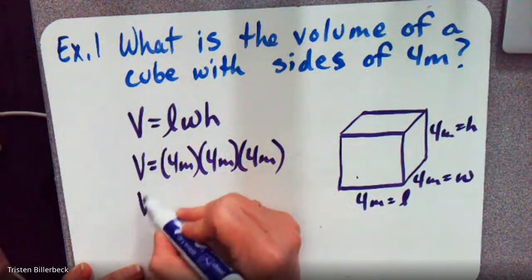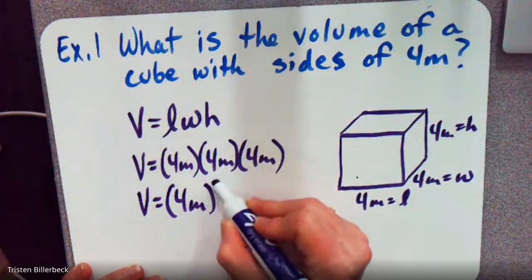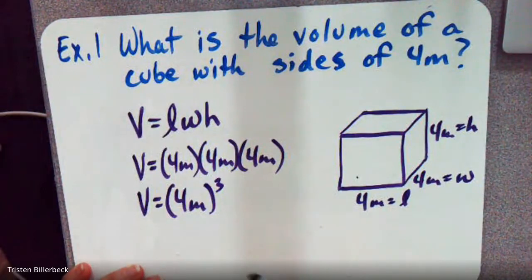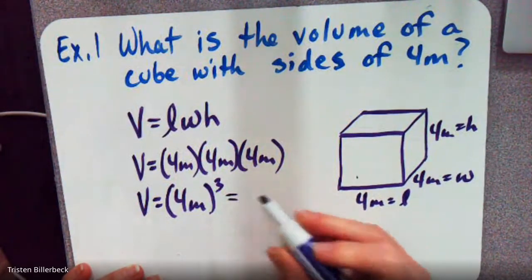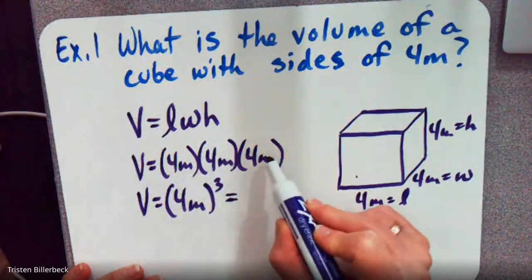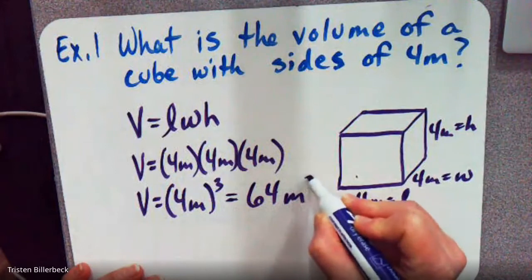So in fact, it's just 4 meters cubed, which is where this word cube comes from. Okay, so when we do 4 meters cubed, that's 16 times 4, which is 64 meters cubed.